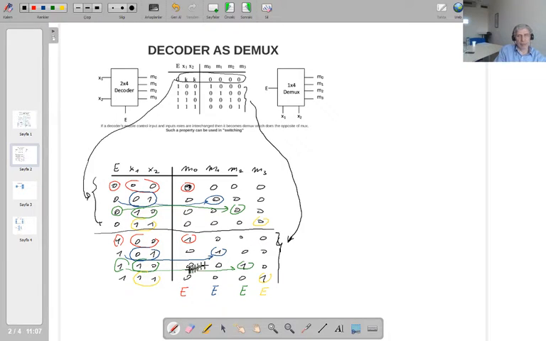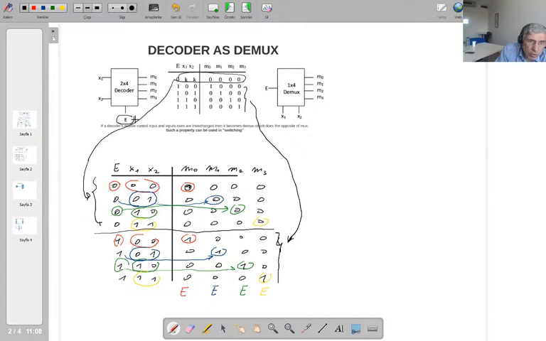Okay. So let's look at inside now. Our angle to look at this decoder element is to interchange the function of control input and normal input. What I mean is this. This is a control input in here.